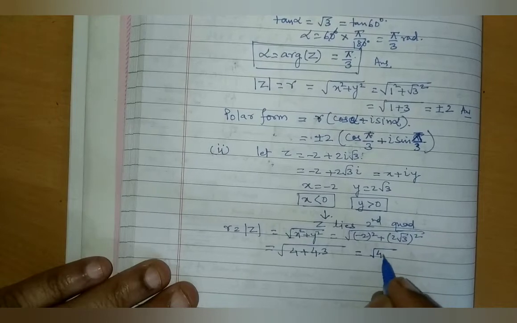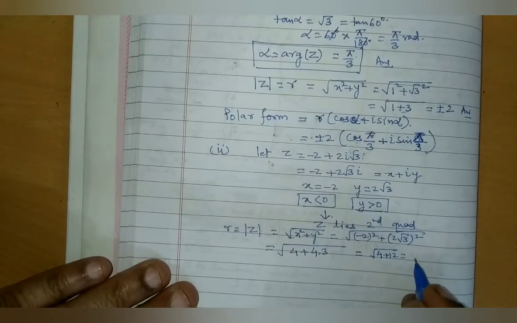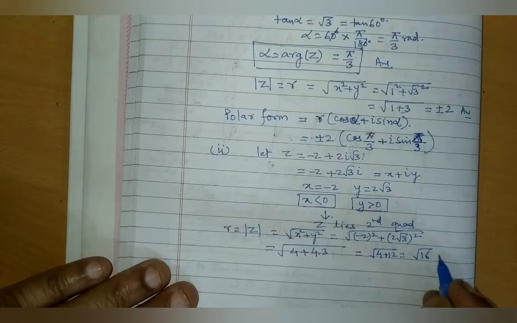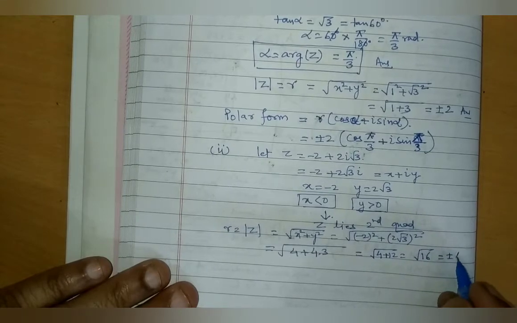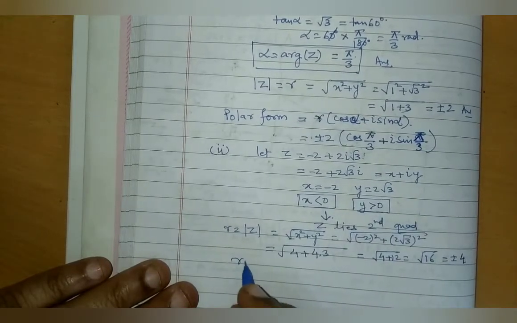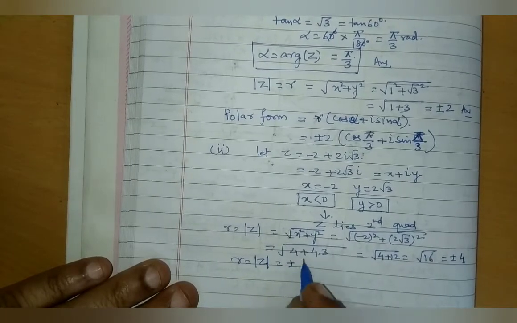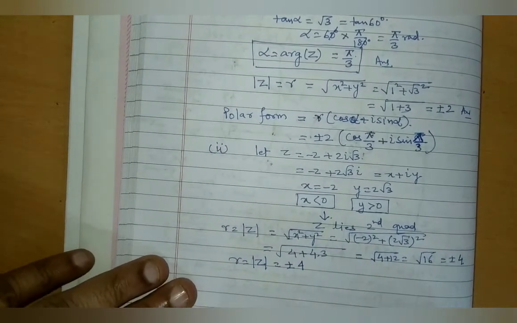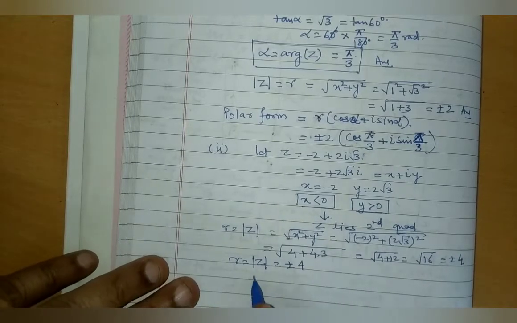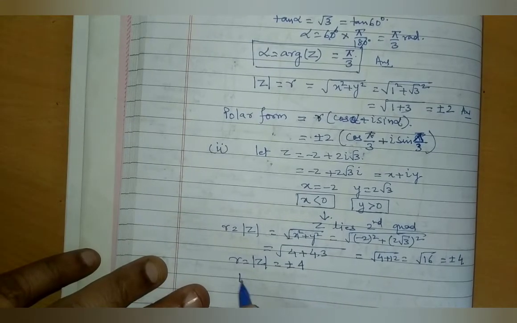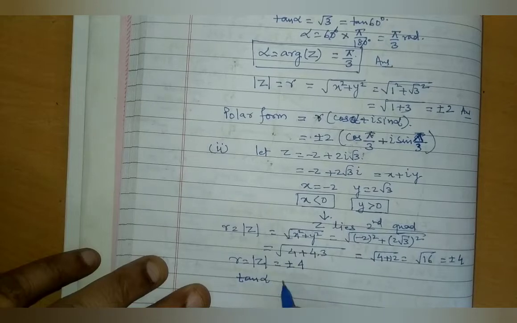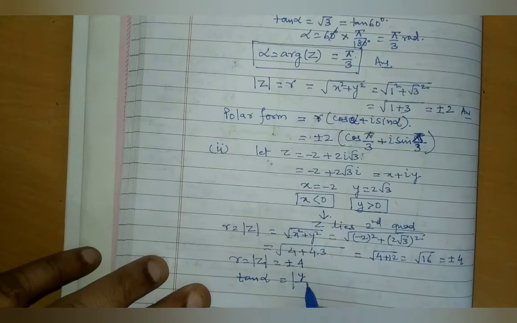So 4 plus 12, so it is equal to root under 16, so plus minus 4. So r is equal to mod z, the modulus, is equal to plus minus 4. Now we will find tan alpha is equal to mod y by x.